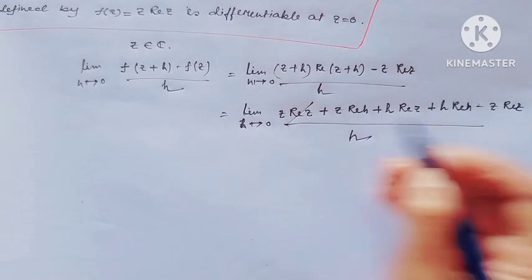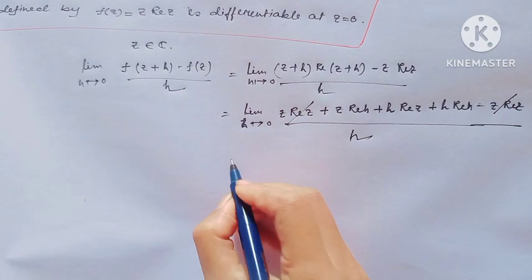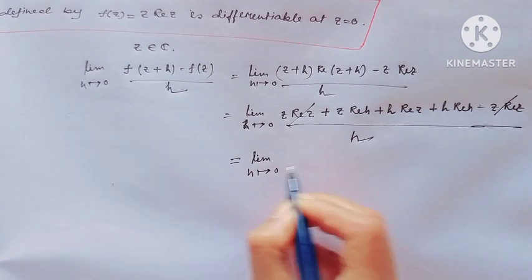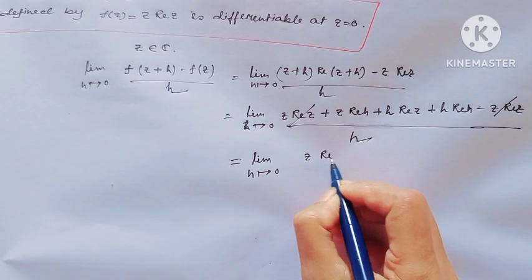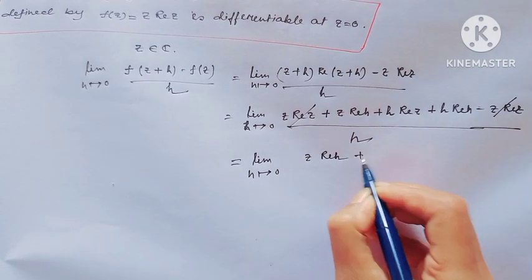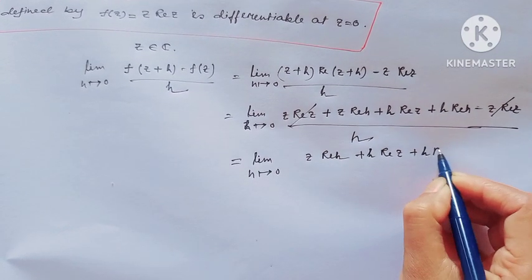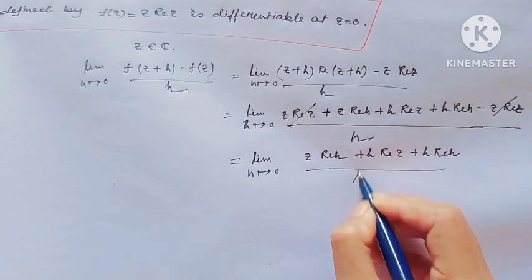Now this would be cancelled. Then this value would be the limit as h tends to 0 of (z Re(h) + h Re(z) + h Re(h)) over h.